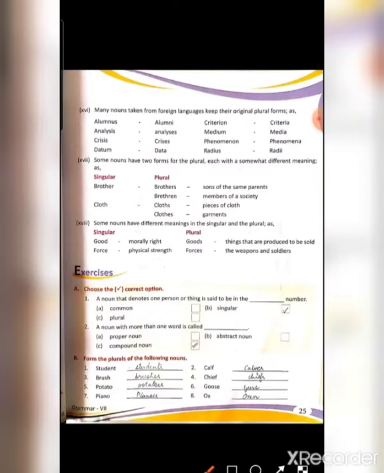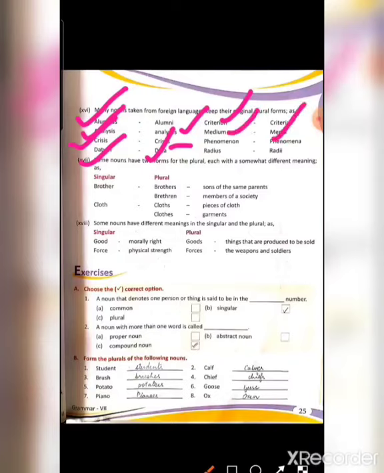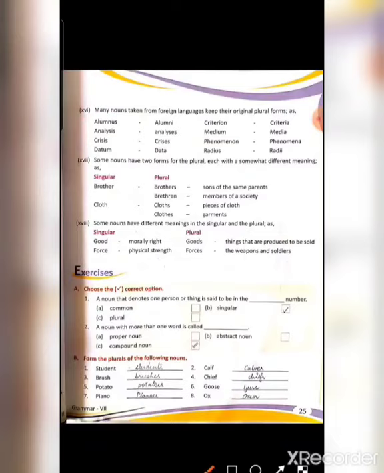Alumnus becomes alumni, analysis becomes analyses, crisis becomes crises, you can see the spelling changes, is to es. Datum to data, criterion to criteria, medium to media, phenomenon to phenomena, radius to radii. These are taken originally from a foreign language.